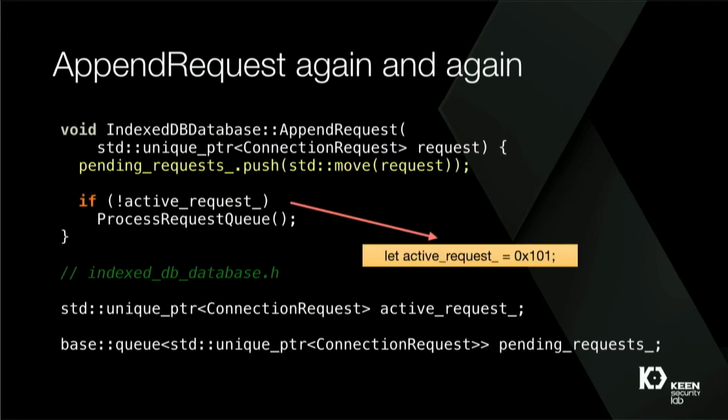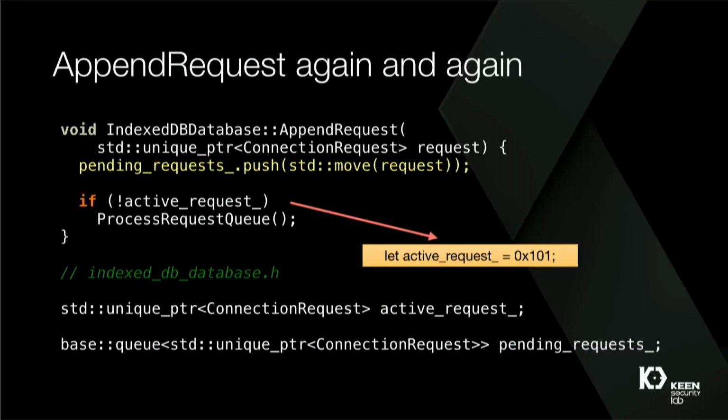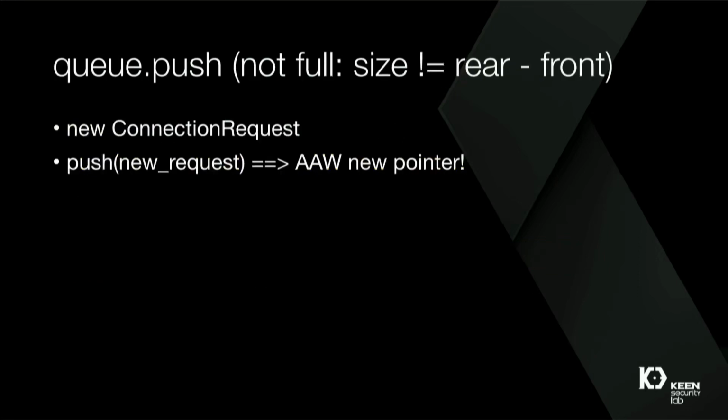Remember that we can append requests any number of times with no side effect. So we can play with the queue freely. And there are two different situations. If the queue is not full, it will push the new request to the container. Since we can fully control the container pointer, we can write the new request pointer to any address.